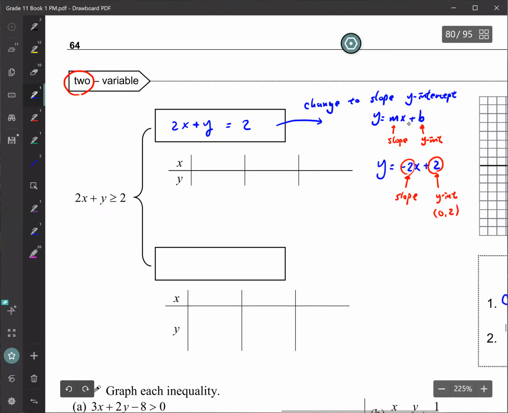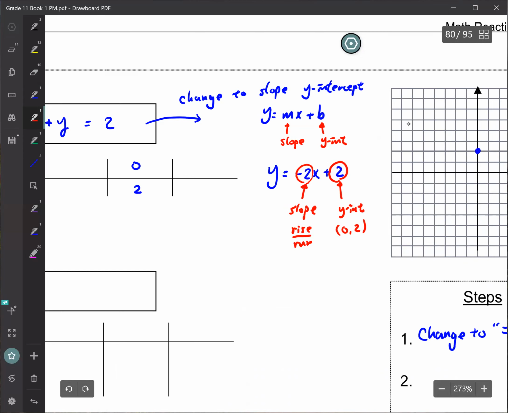Now the slope is rise over run. In case you forgot, I'll write it out. Rise over run. In this example, the rise is negative 2, run is 1. Rise means up and down.